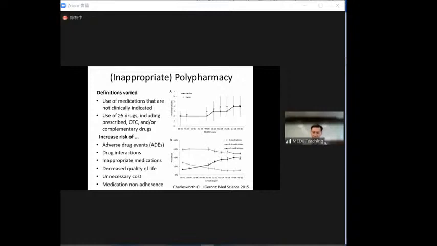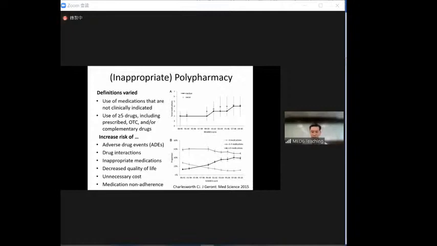There may be some patients in good health in the community who never end up in the hospital, and they probably do not need any medications. But in the hospital setting, it is very common for patients to have polypharmacy. So what is important is that we want to avoid inappropriate polypharmacy.